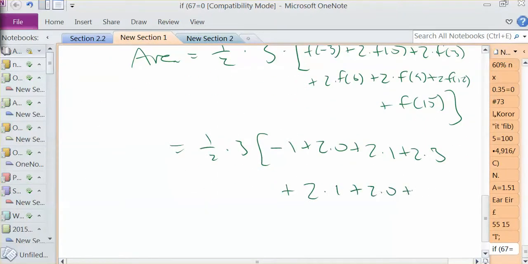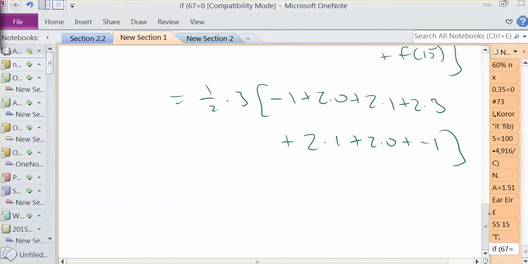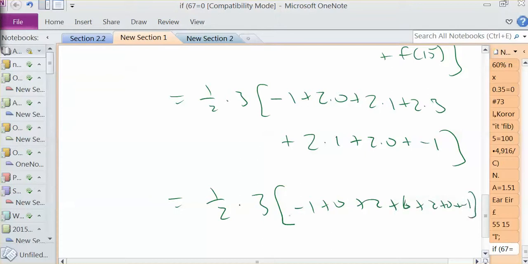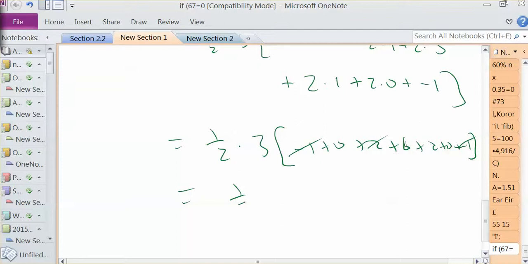Yeah, there's a sense of symmetry here. It's 1/2 times 3 times negative 1 plus 0 plus 2 plus 6 plus 2 plus 0 plus negative 1. Negative 1 and negative 1 cancel. So it's 1/2 times 3 times 8, which is 12.